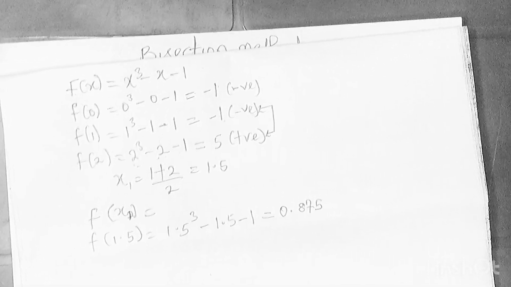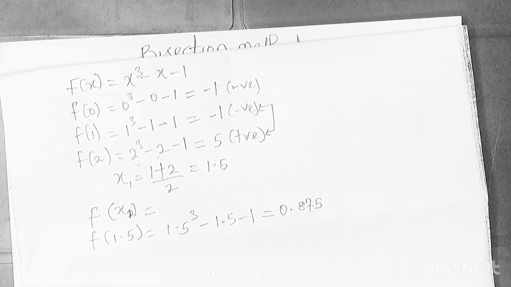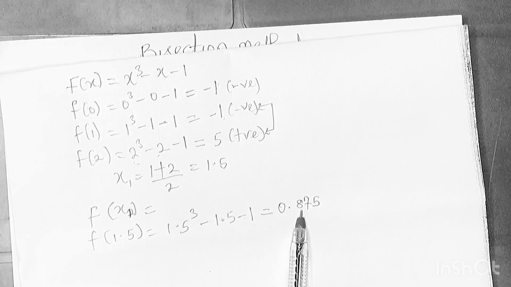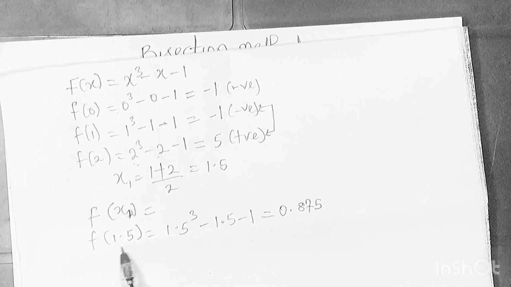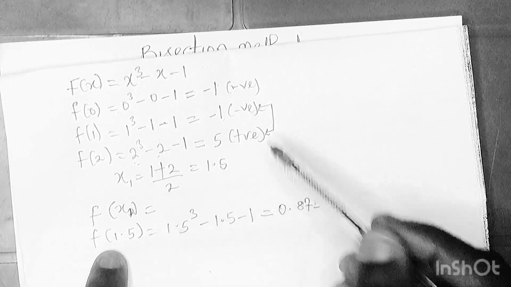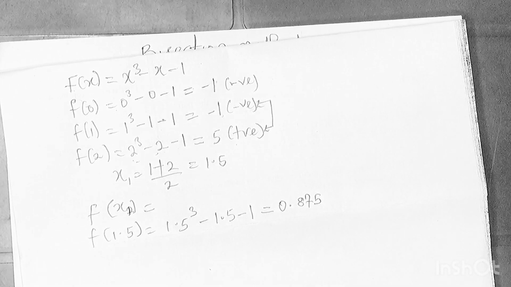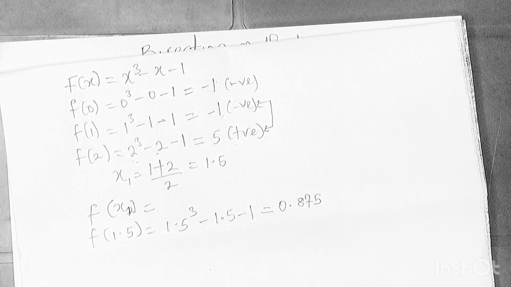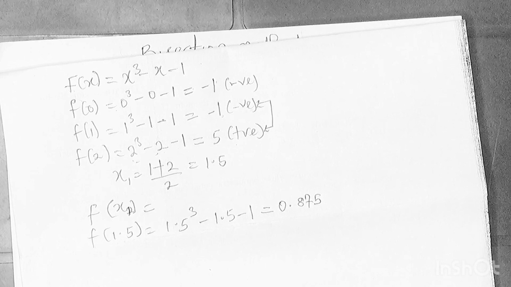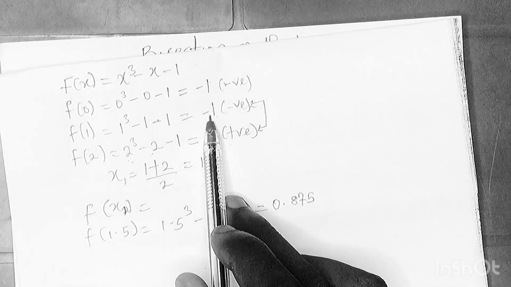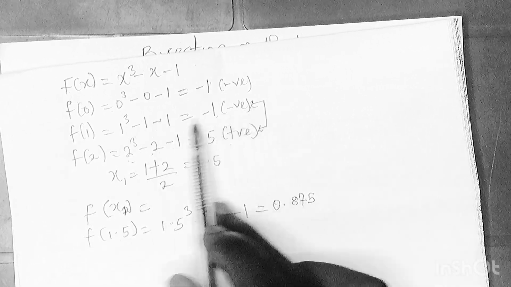So here we are going to have our answer to be 0.875. Now you can see here that I have a positive number at 1.5, and a positive number at 2. So which one is my nearest negative number? You are going to agree with me that my nearest negative number here is at 1.